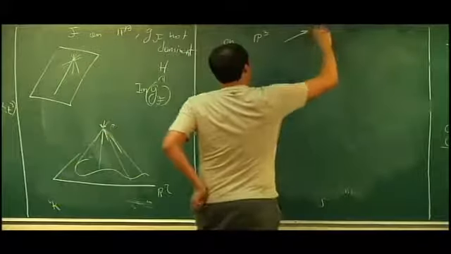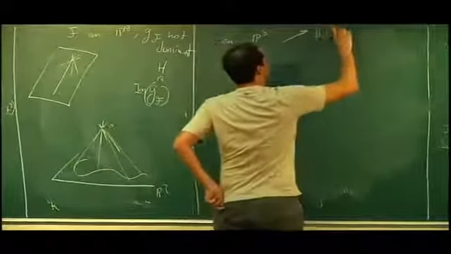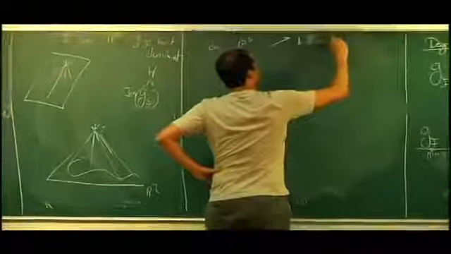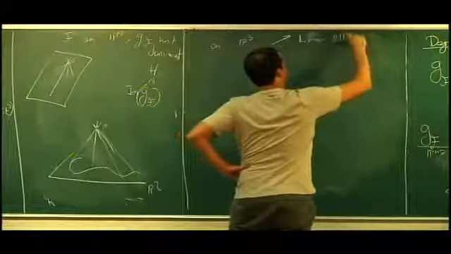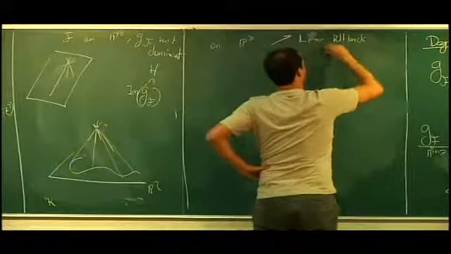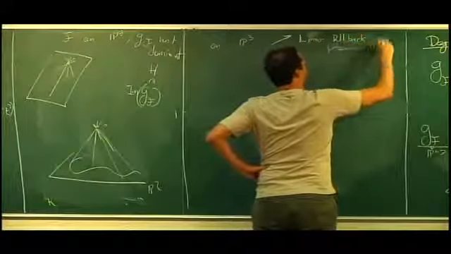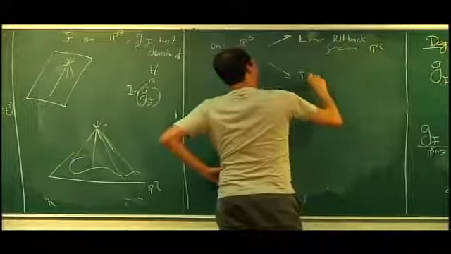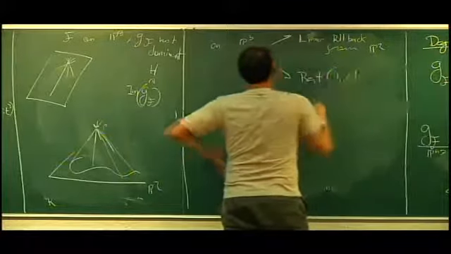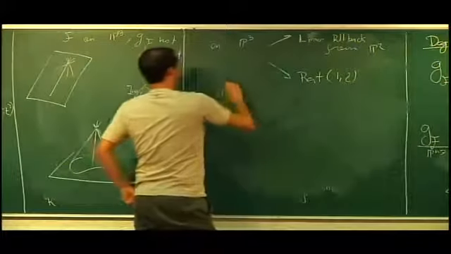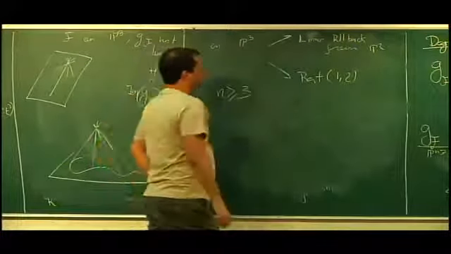Either we are a linear pullback from P2, or the other case, the rational one. And the same thing happens for n greater than 3.